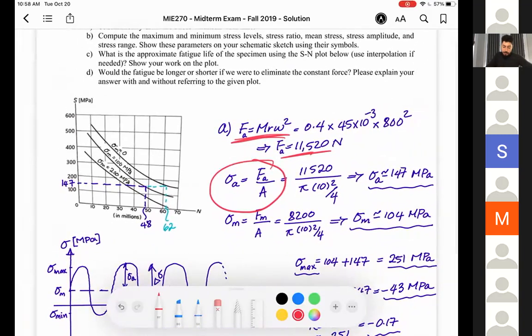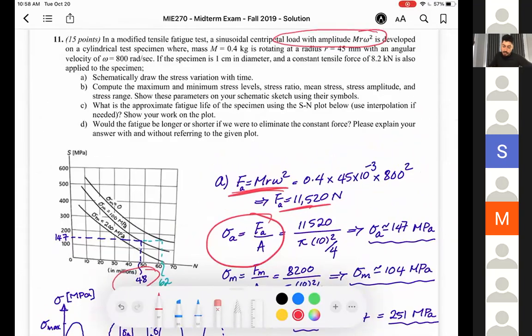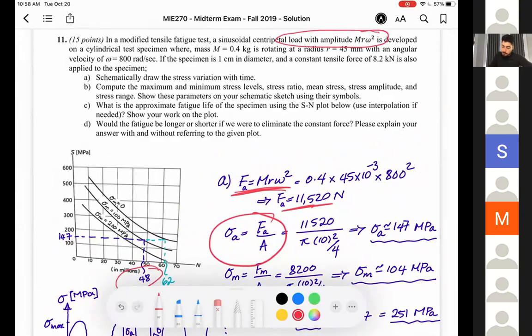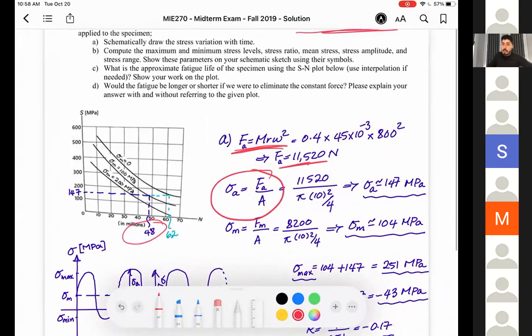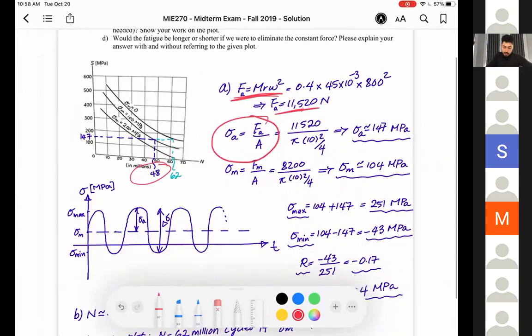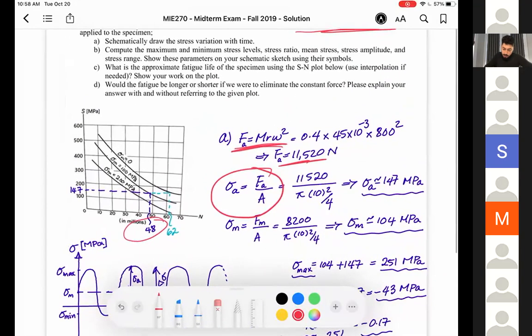And then from our stress amplitude, we can get our cycles to failure if we know the mean stress. The mean stress was also given because it says a continuous tensile load was applied at 8.2 kilonewtons. So with that, we can get our mean stress, sketch our curve, and get our cycles to failure. The key point being here was part C.